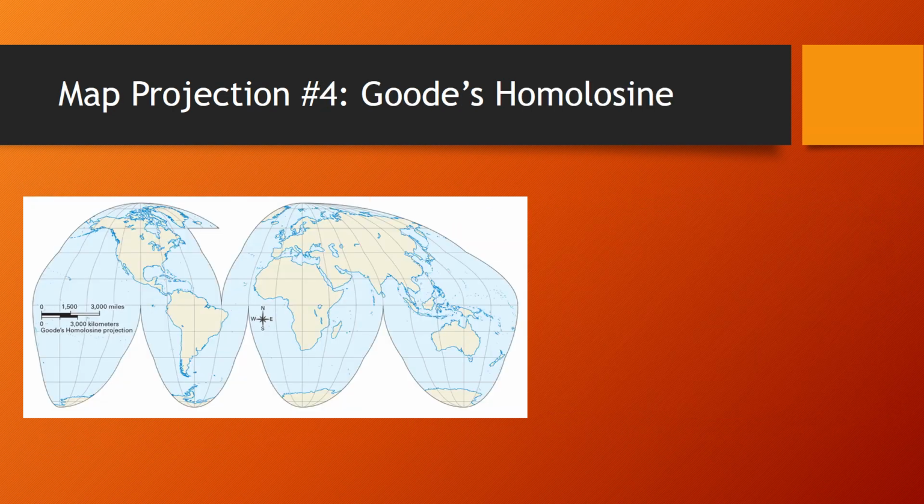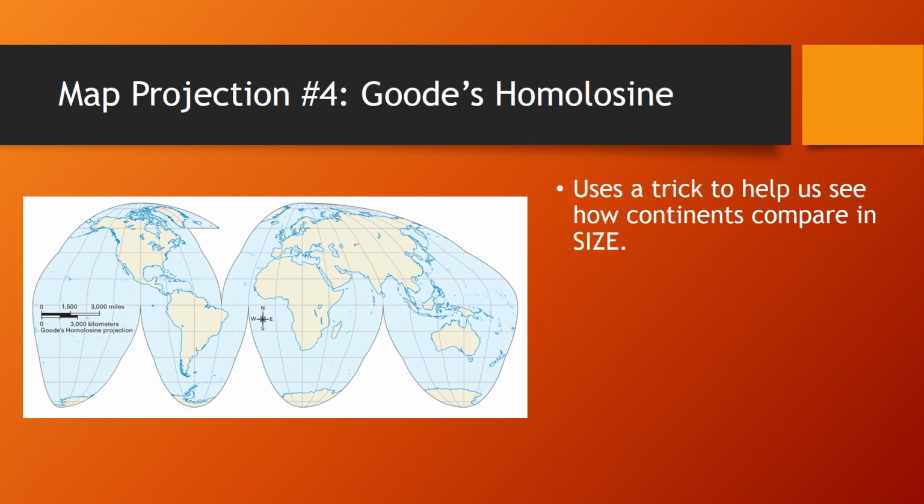Map projection number 4 is the Goode's Holocene. Let's say it one more time. Goode's Holocene map. Now we're going to call this the Goode's map from now on because Holocene is a pretty difficult word to say, and I'm not a fan of difficult words. This uses a little trickery to help us see how continents compare in size.